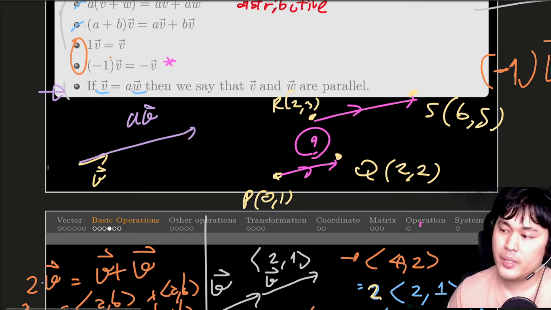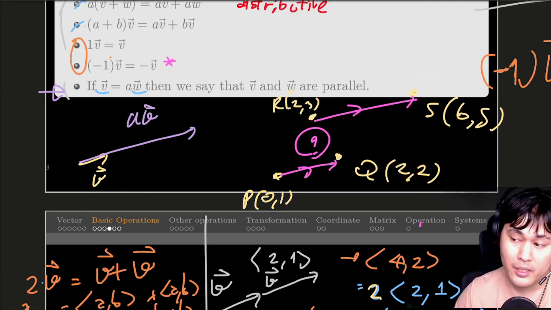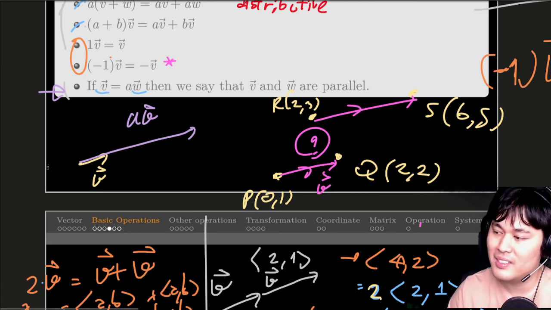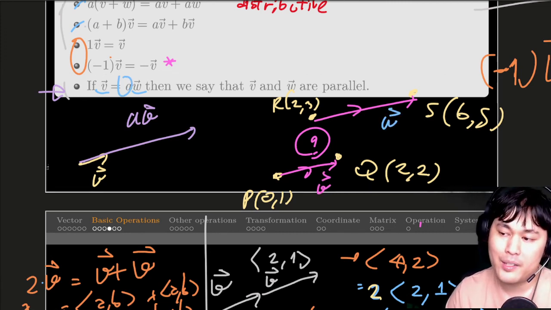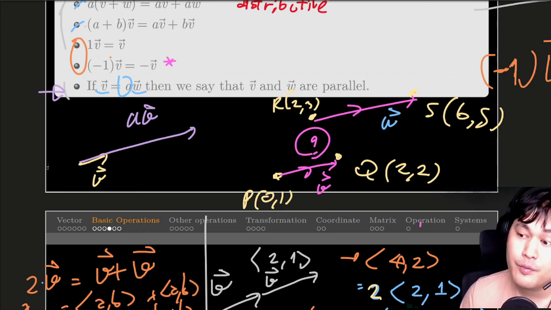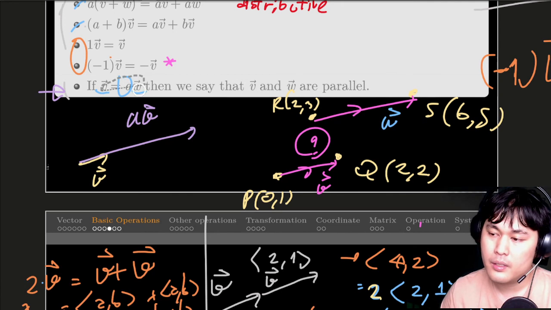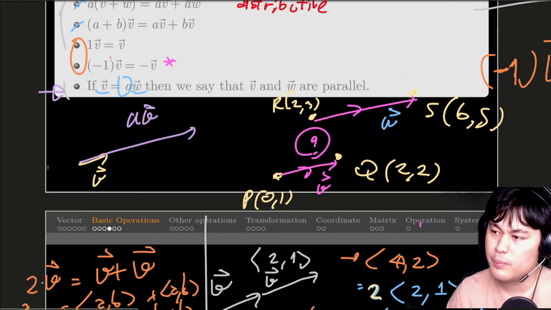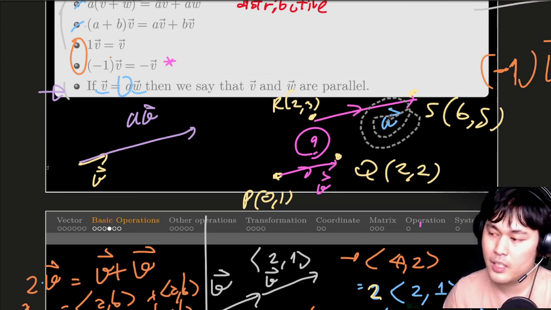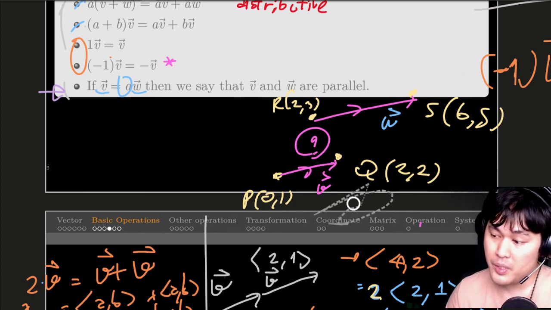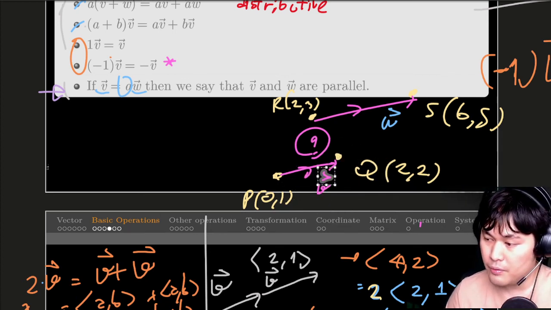The way this works is to check whether these two vectors are parallel to each other. You find the vector first, and then you try to find if there is a constant a where you can have this equation. Is there a constant that makes this vector v in the bottom and vector u on top to be the same? In practice, we first write the vectors out.